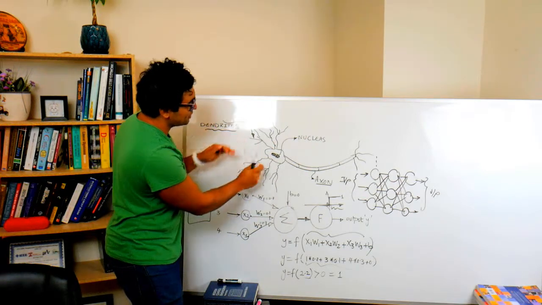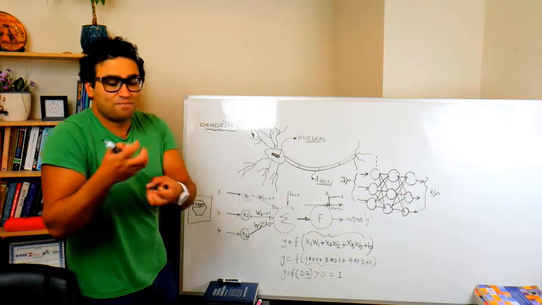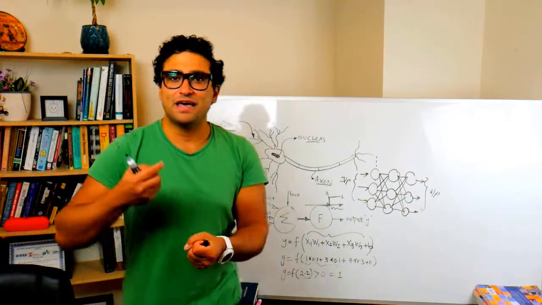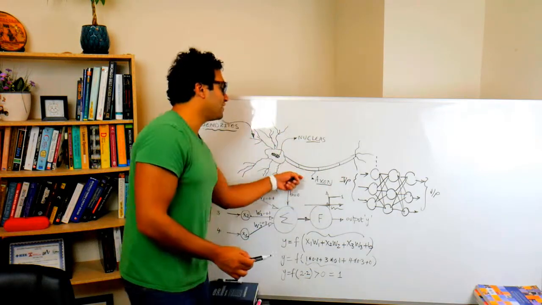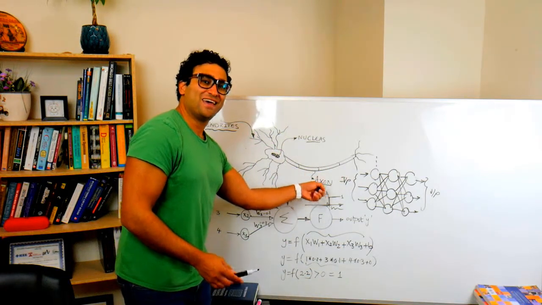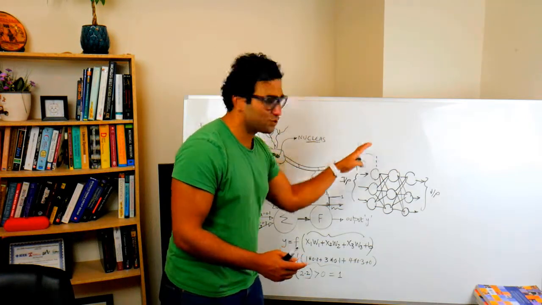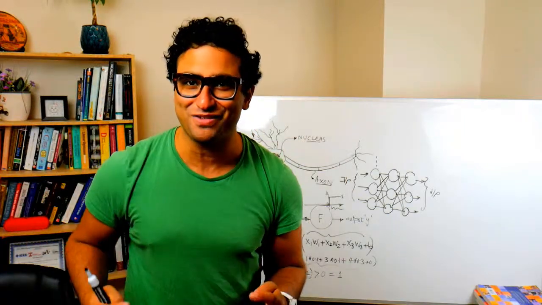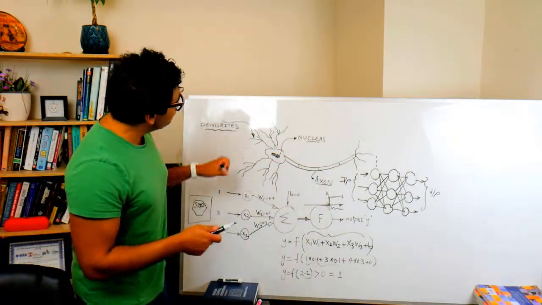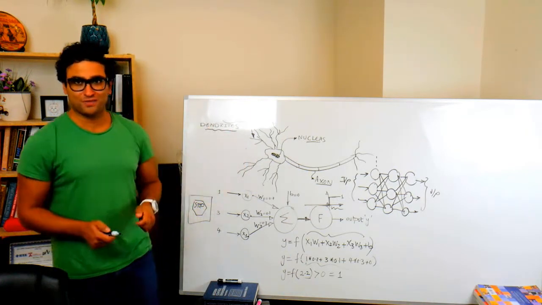All these signals are sent to a nucleus, where some processing takes place inside, and then it generates an output, which is sent to what we call the axon. That output is connected to other neurons, and these neurons are connected to other neurons, and you keep doing this in hundreds of billions of them, which is incredible. That's how our biological neuron works.